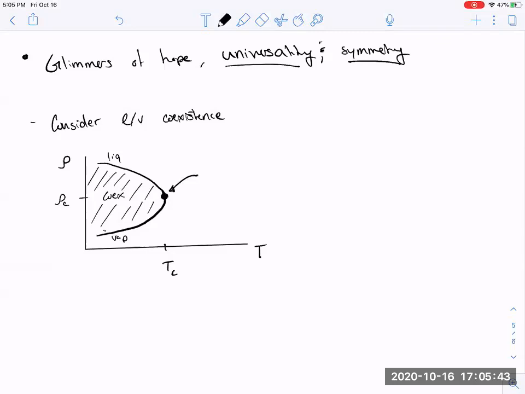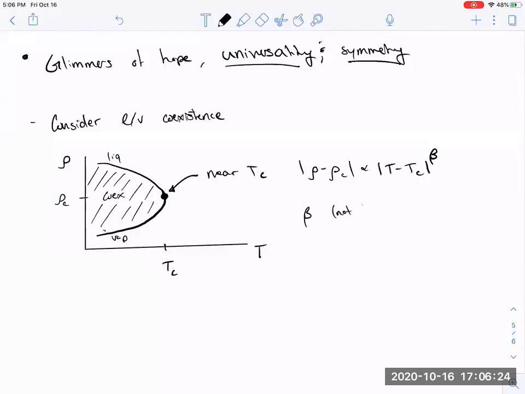Now this point near Tc and rho_c is special. In fact, if I was to measure the density less its critical density, where C stands for critical, we would find that it behaves as a power law relative to Tc, the critical temperature, where that power law has an exponent beta.